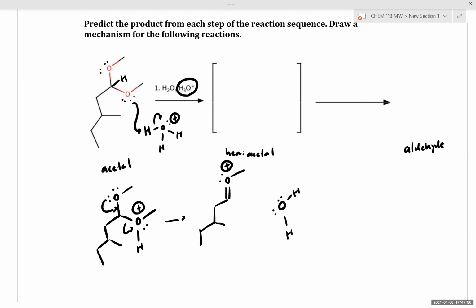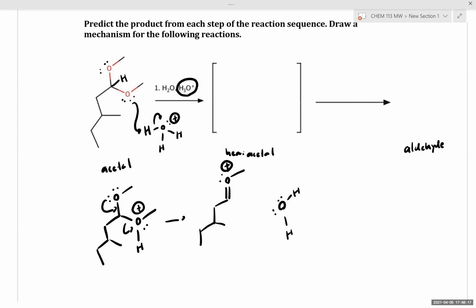Water being a tolerable nucleophile under these conditions. Would anyone like to draw the arrow pushing for this next step? We are hydrolyzing. We are, in effect, displacing the alcohol equivalents with water via 1,2 addition and elimination.